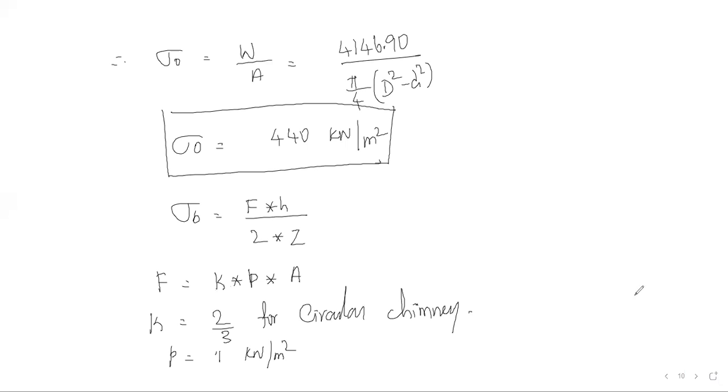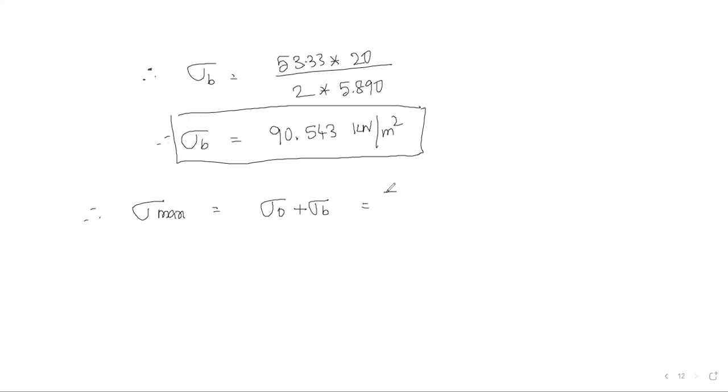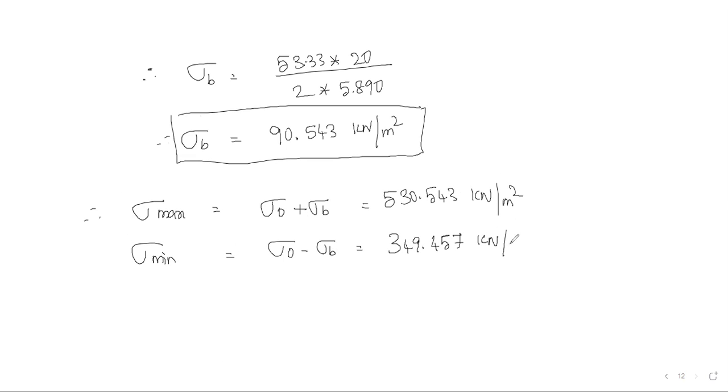So it becomes 530.543 kilonewton per meter square, the maximum stress value. Similarly, the minimum stress is equal to direct stress minus bending stress. So it becomes 349.457 kilonewton per meter square.